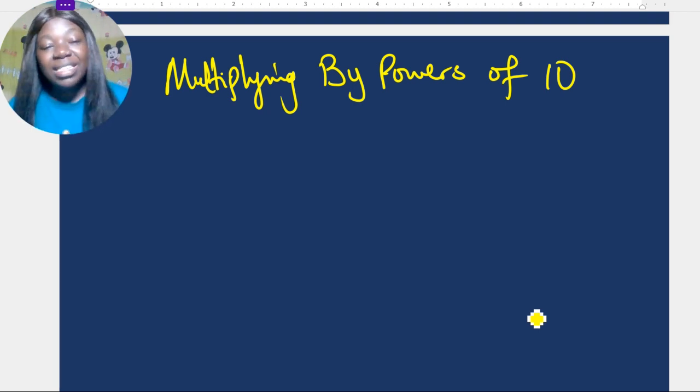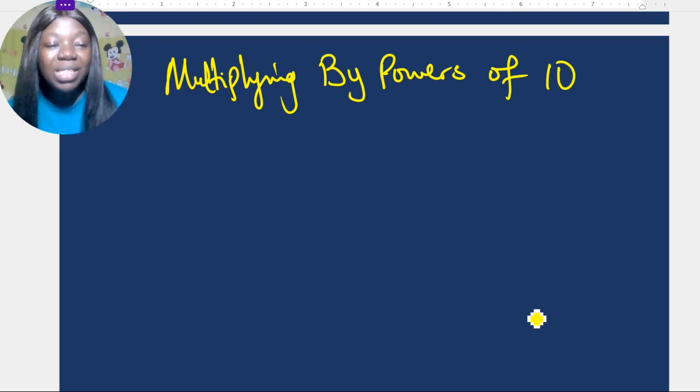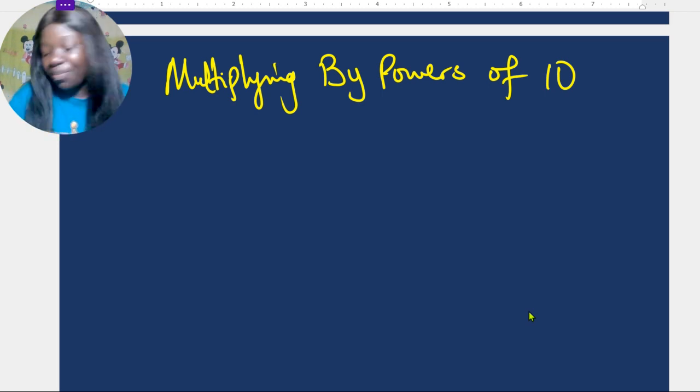Now, you will also learn dividing by powers of 10. When dividing by powers of 10, count from the decimal point to the left. So in essence, multiplication and division of decimals by powers of 10 is very easy.